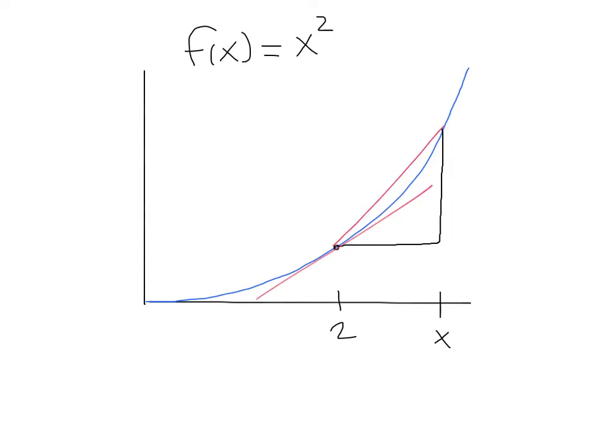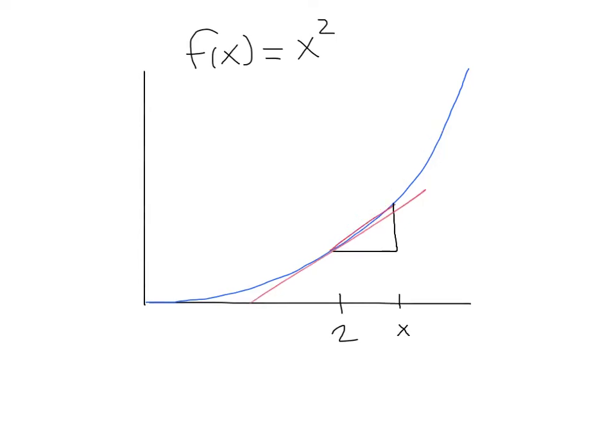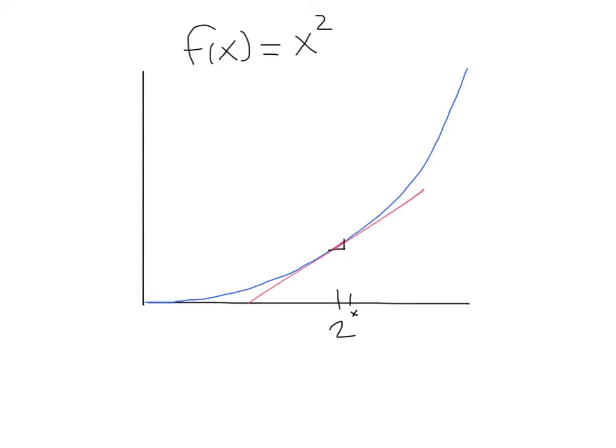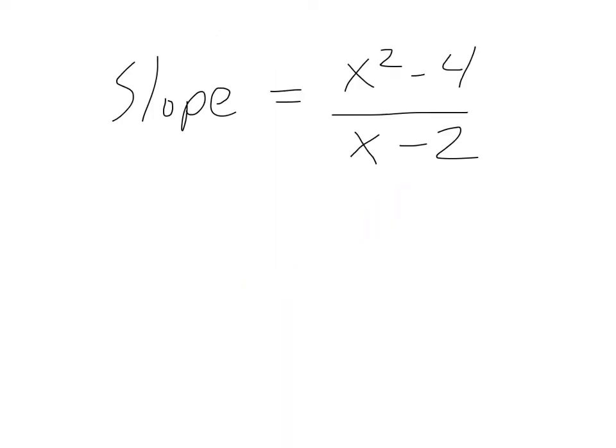Because as x gets closer and closer to 2, we can see that the slope we're calculating with our little slope equals delta y over delta x equation gets closer and closer to the slope of the tangent line. Now, here's the problem, and you might see this coming.